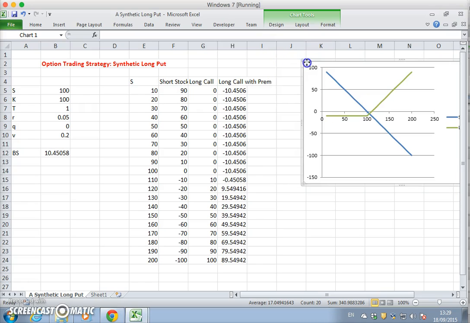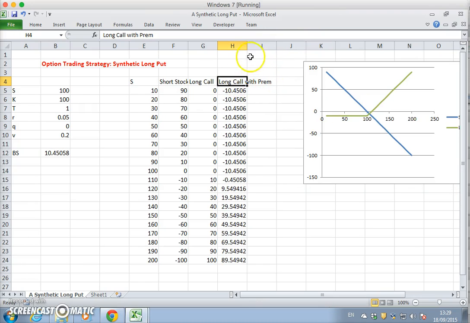And then we can ask, okay, long call with premium, what if we combine both the long call and the premium, so the short stock position.